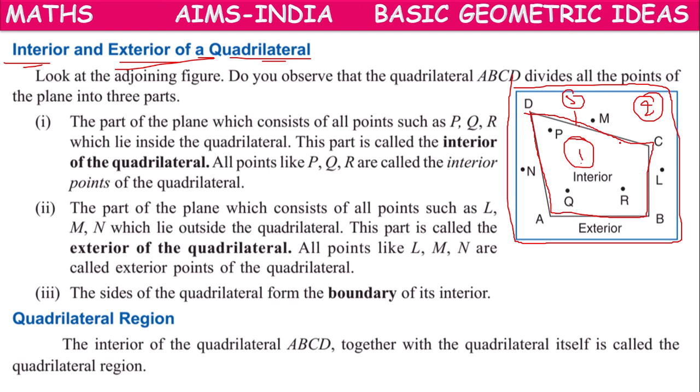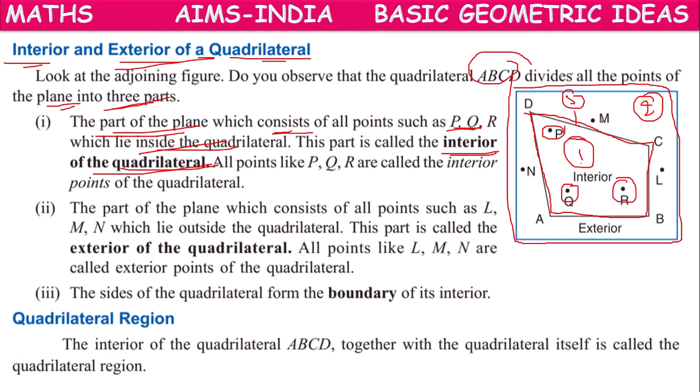One is the inside part. So if we draw ABCD, it divides all points in the plane into three parts. The part of the plane which consists of all points such as P, Q, R, which lie inside the quadrilateral, is called the interior of the quadrilateral.